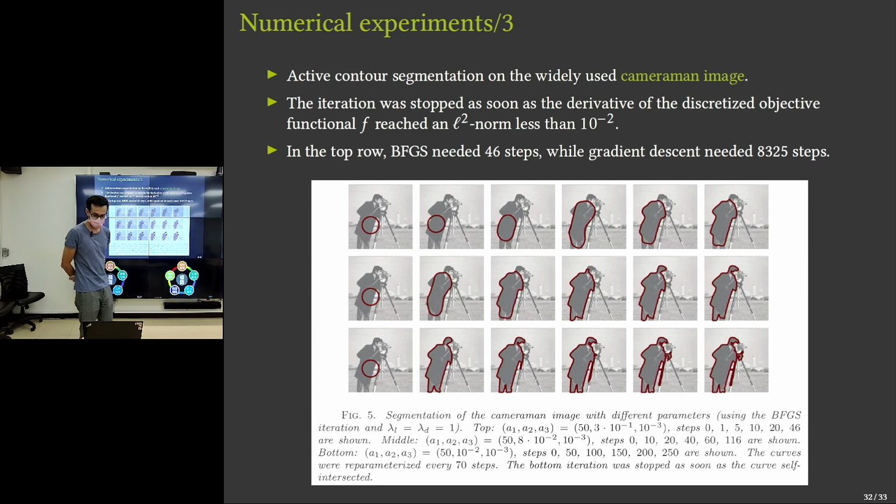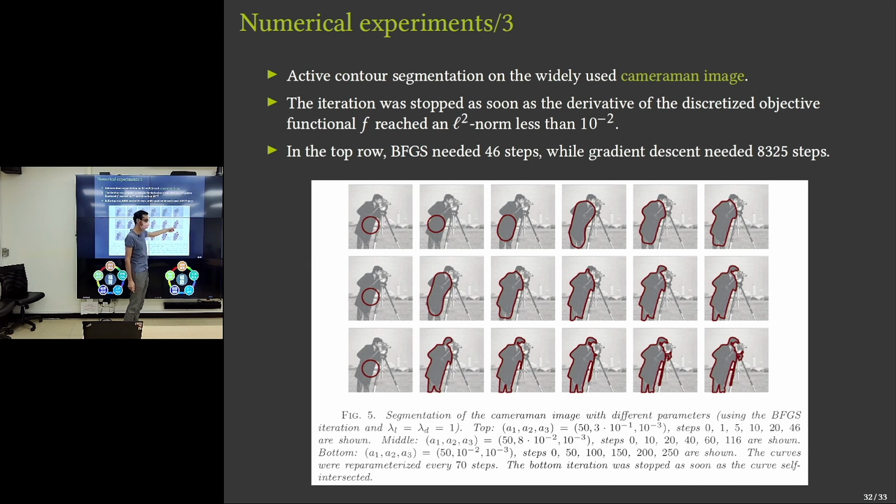And a last experiment is the contour segmentation of the cameraman image. Maybe this figure is a bit confusing, but I didn't have time to present it better. If you read the caption, in the top row the last step is 46, the 46th iteration.